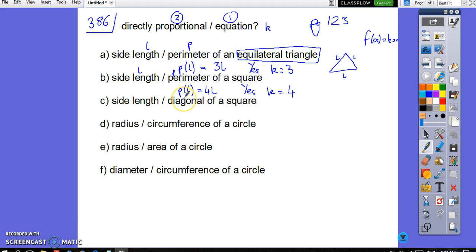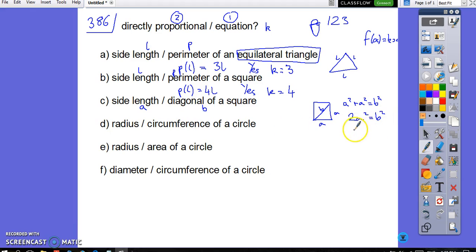What about the side length and the diagonal of a square? Well, if I had a side length of A, and the diagonal of the square was represented by B, then if I do myself a little sketch, here I have A, B, I could use Pythagoras to find B from A, where I would get A squared plus A squared is equal to B squared. So 2A squared is equal to B squared.